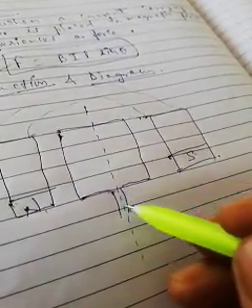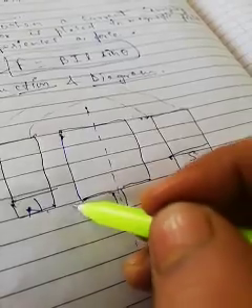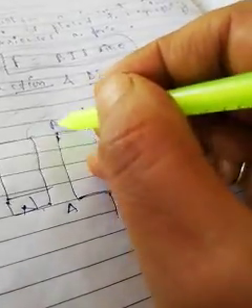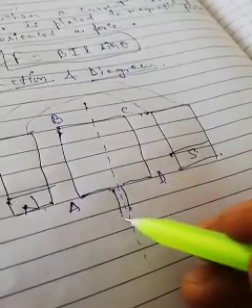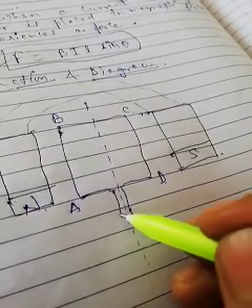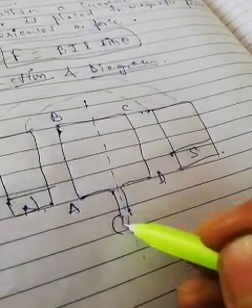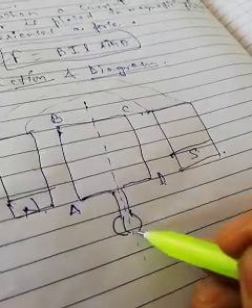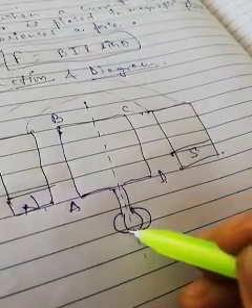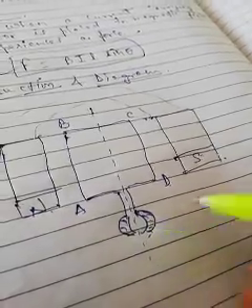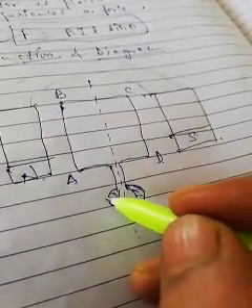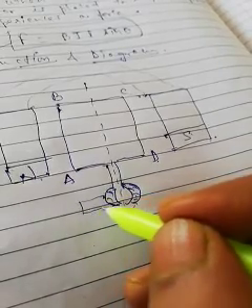Now the ends of this coil are connected with a split ring, which is split into two parts, and carbon brushes.